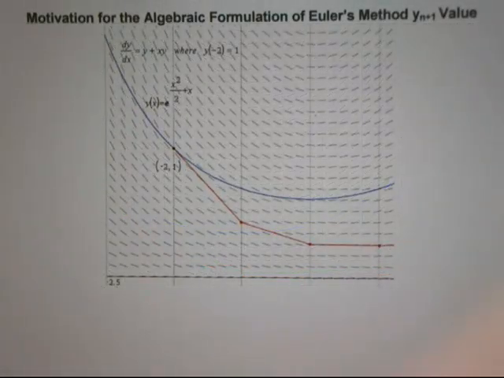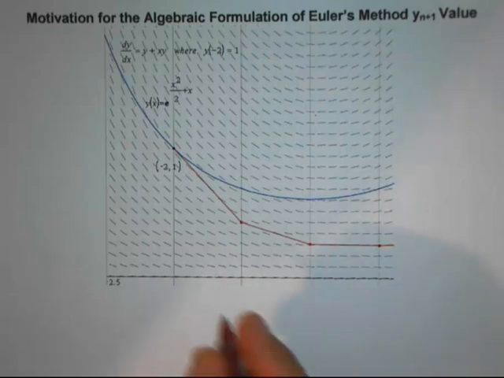Okay, now that we've seen a couple of Euler's method approximations created just by working off of visual graphic ideas, let's try to turn this into some algebra as well. So here we have a snapshot of our first Euler's method approximation, at least part of it, and let's take a look at this again.